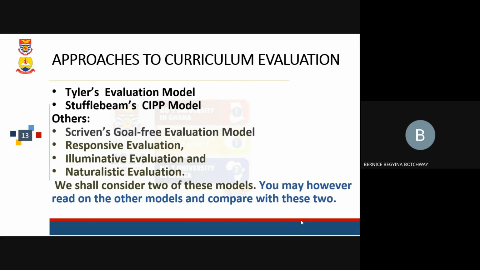These are some of the models or approaches that guide us in evaluating the curriculum. So we are just going to discuss the Tyler and the Stufflebeam, and then we read on the Scriven, the responsive, the illuminative, and the naturalistic.